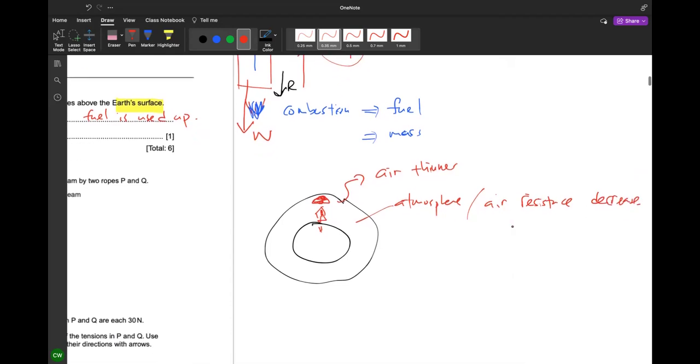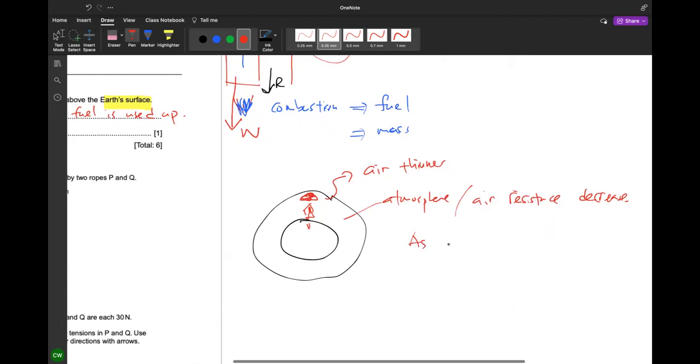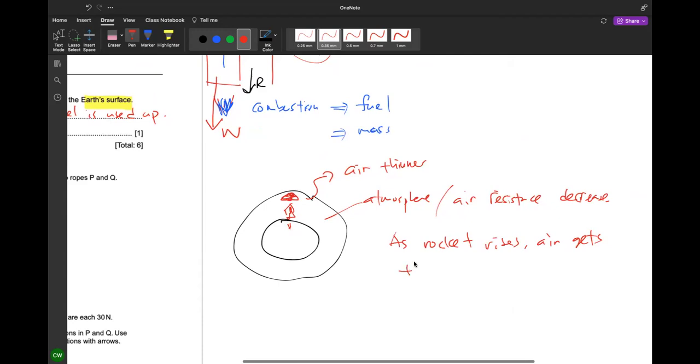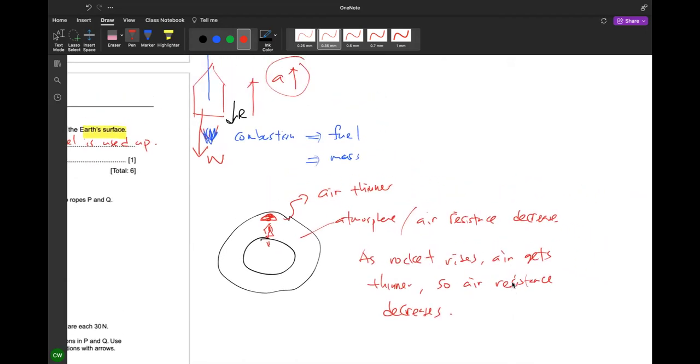Okay, it can also be one of the reasons. As the rocket rises, air gets thinner, so air resistance decreases.